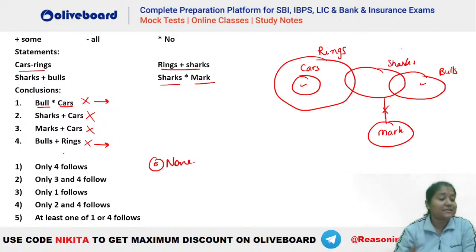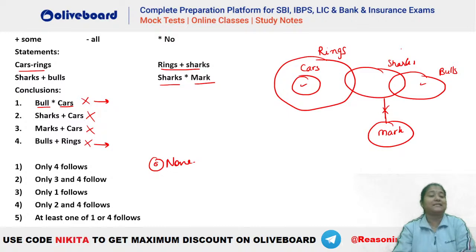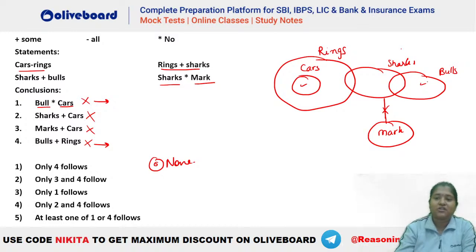Now let's understand this particular question. Let's understand option number 5. Look, let's say if the first is true here, no bulls are car. So this is the diagram when we have no bulls are car. You can see bulls are not car. That means no bulls are car is fine. So some bulls are ring becomes false.